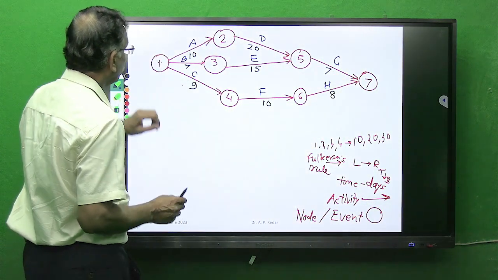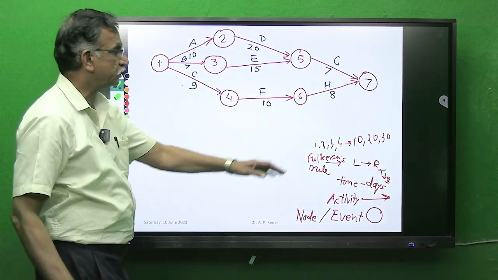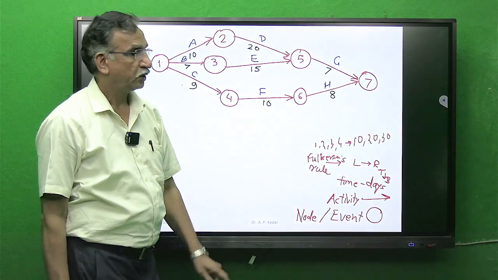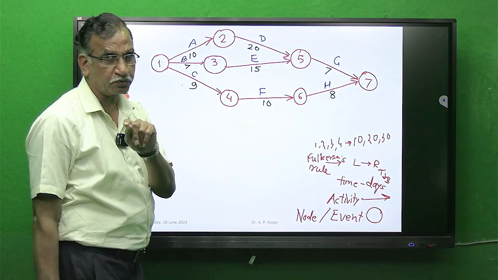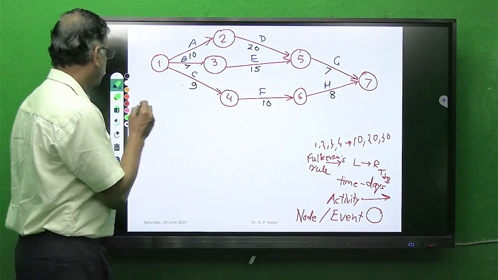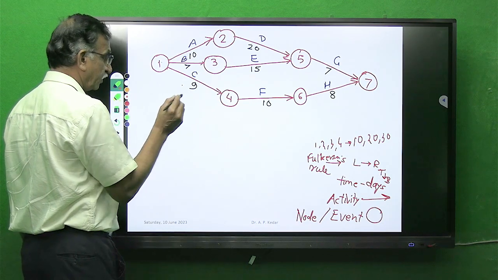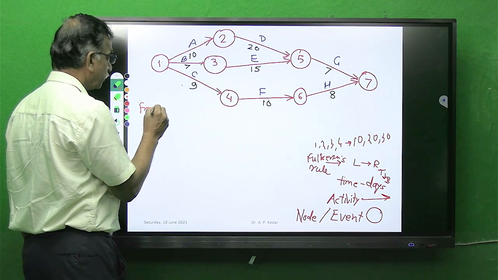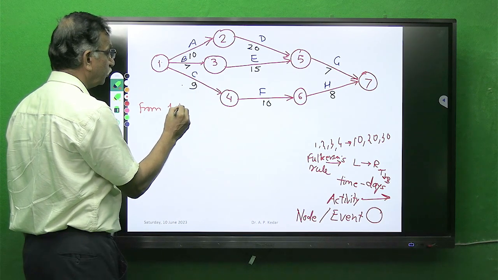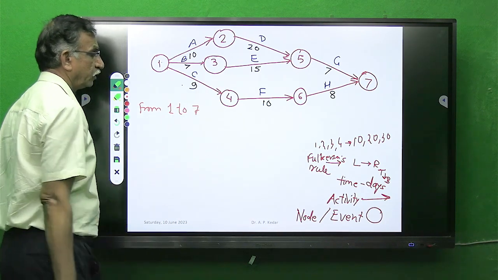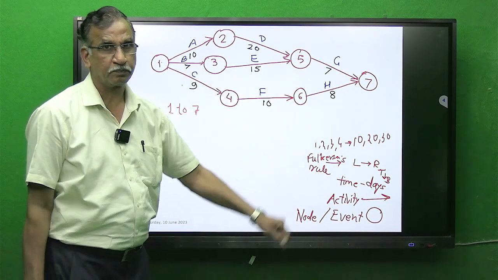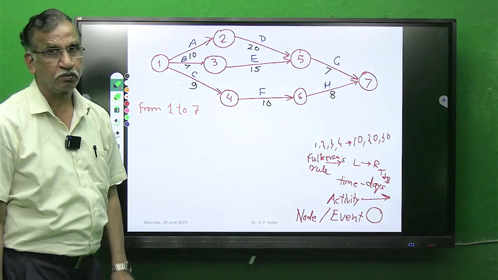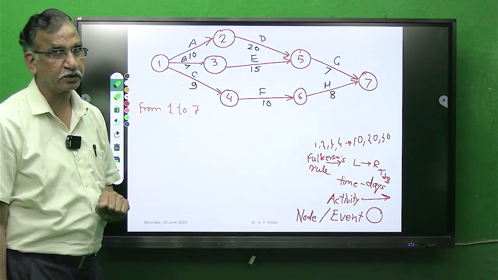Now this is the starting point of the project, this is the end point of the project. Anyhow, we have to reach from, now I am on a very important aspect, we have to reach from 1 to 7. See what I am telling now, very important aspect.